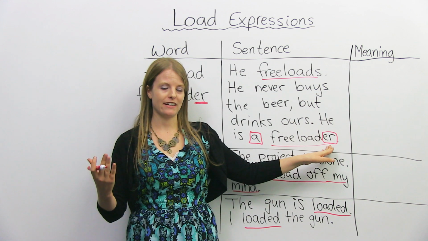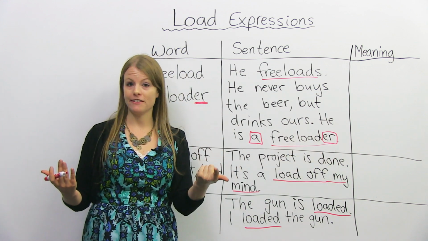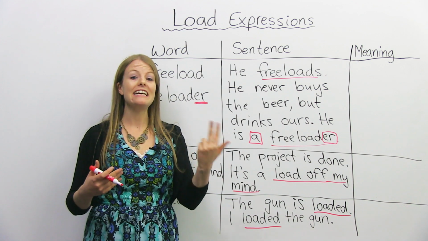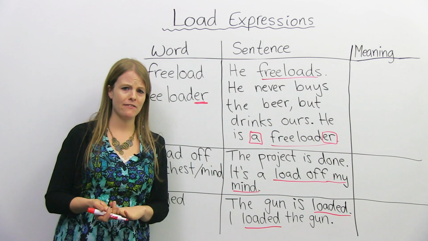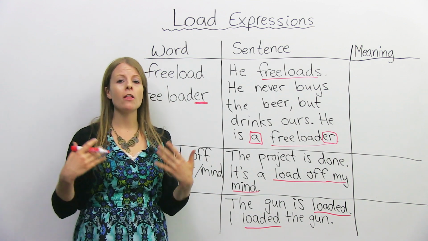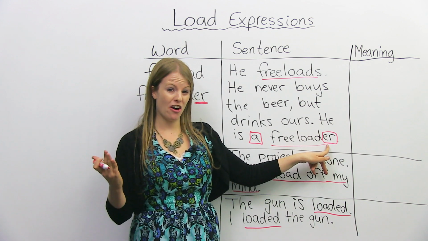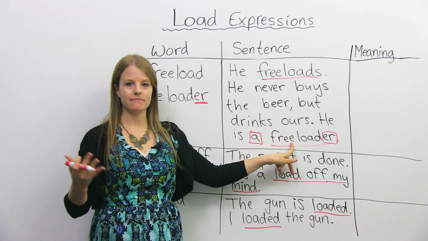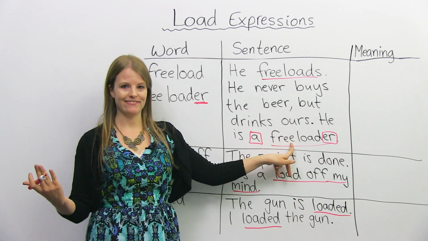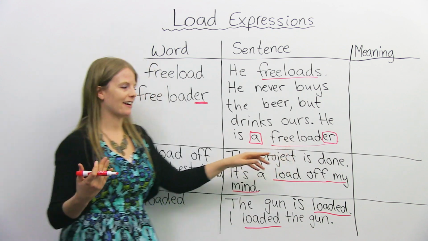Not always, but a lot of the times. So for example, teacher, officer, leader, okay? What do those three words have in common? They're all people. Many times when you see ER, it means it's a person. So a freeloader is a person, okay? It's a person who freeloads, all right?